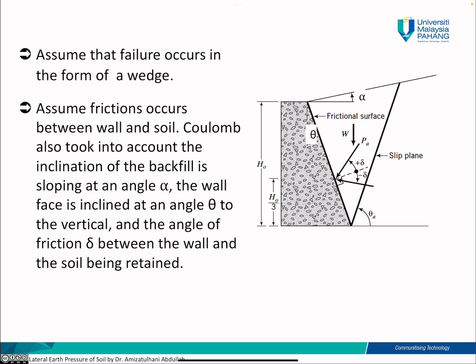So assume that failure occurs in the form of a wedge. If you can see the drawing here, boleh tengok drawing here, dia bentuk wedges, like a cheesy wedge. So bentuk wedge, and you find that there are certain angles. We have alpha, we have theta, right? Theta ni adalah sudut retaining wall on the frictional surface, sudut retaining wall dengan backfill.